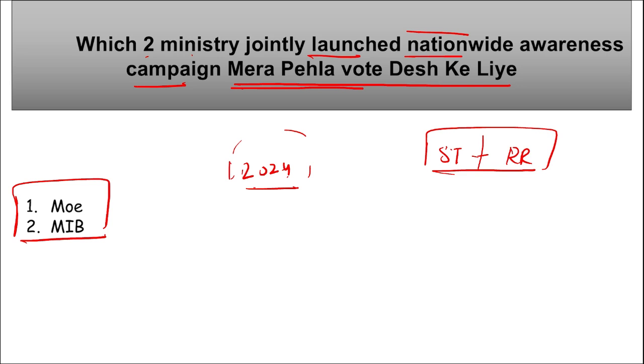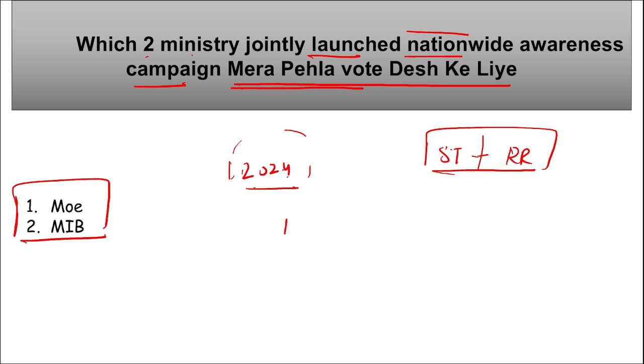Under this Mera Pehla Vote Desh Ke Liye campaign, various events will be organized in universities, colleges, higher education institutes and so on. Activities such as competitions on blog writing, podcast, debates, essay writing and quizzes will also be conducted.